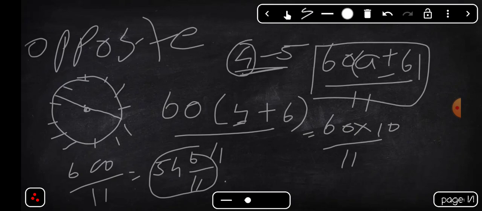After 4 hours, 54 and 6 by 11 minutes, they will not coincide; they will be in the opposite direction.